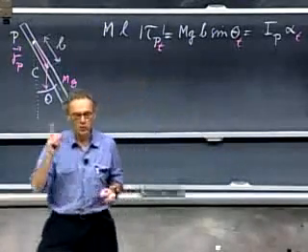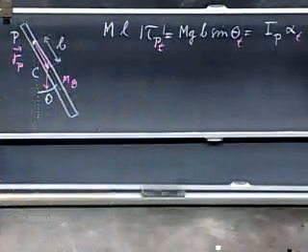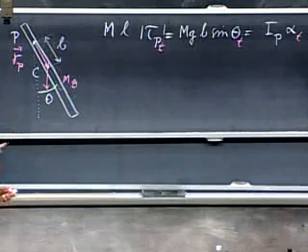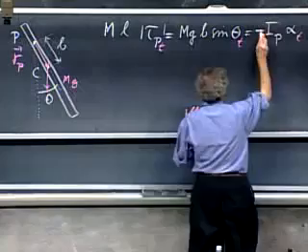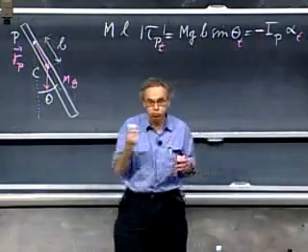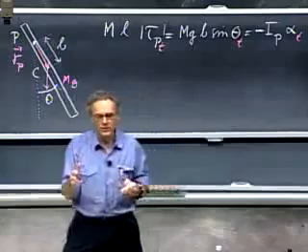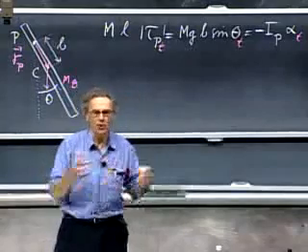However, there is one important thing. This torque is a restoring torque. It wants to drive it back to equilibrium. And therefore, we need a minus sign here for the very same reason than when we did the spring, that the force was minus kx and not plus kx.